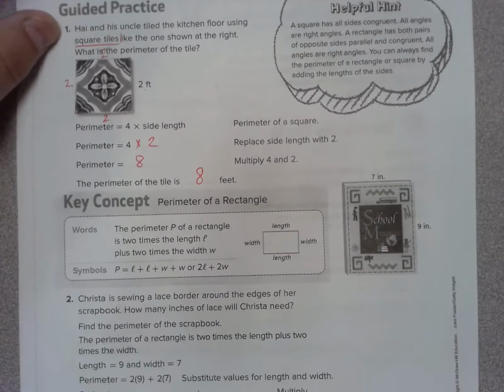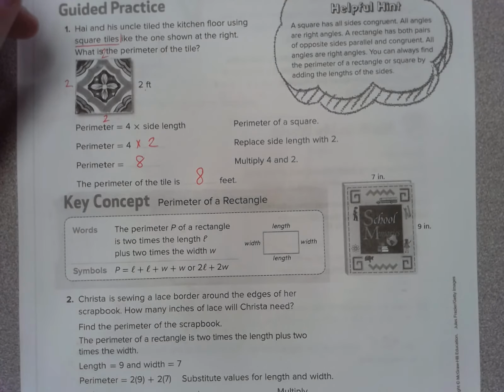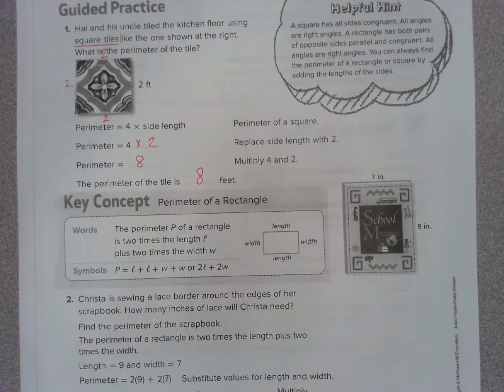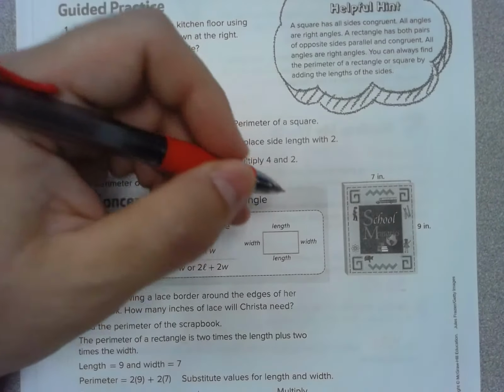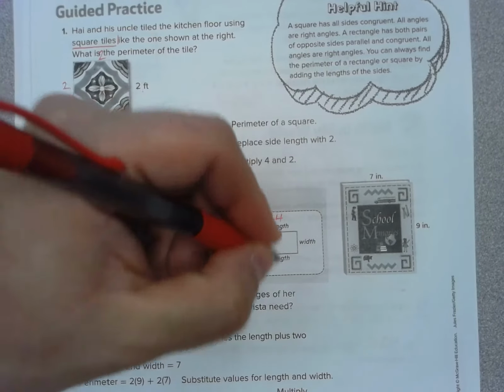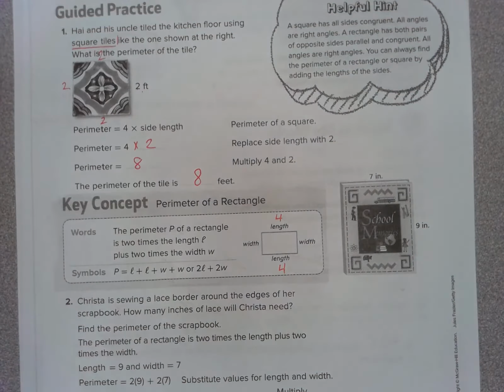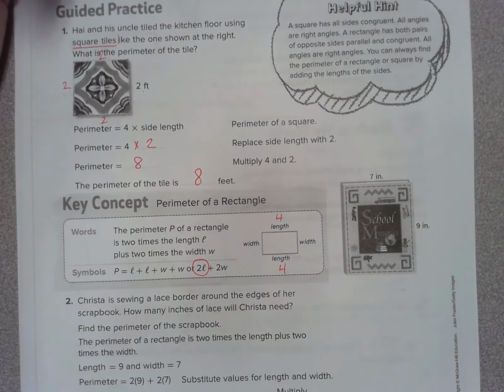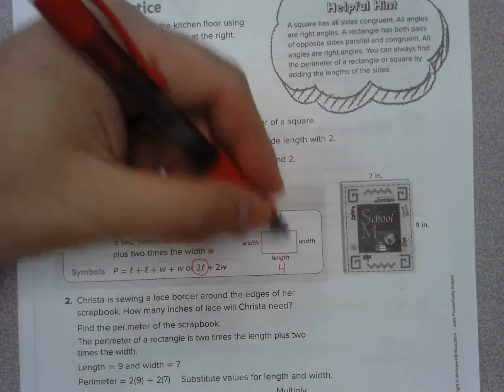Now, down here it talks about the perimeter of a rectangle is 2 times the length plus 2 times the width. Now, they're throwing all this stuff at you, and I think it's just going to confuse you. But what they're throwing at you is you have the length, because for a rectangle, like say this is 4. Well, that's going to be 4, right? That's why they do the 2 times the length, because it's 2 times 4, and you're going to get 8 on that, right?